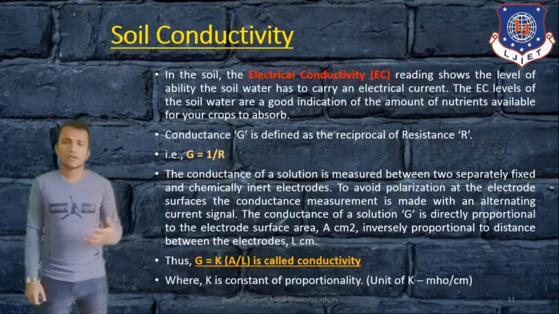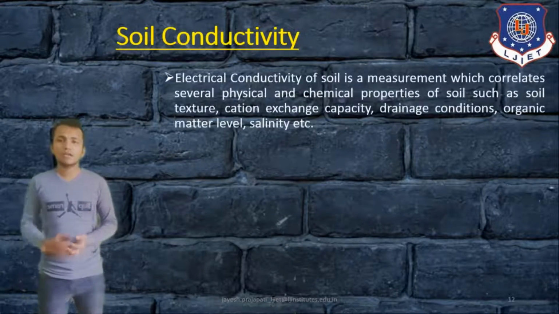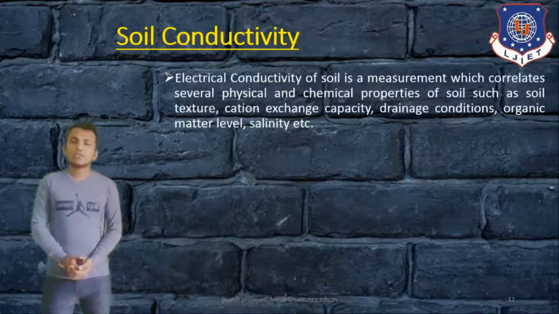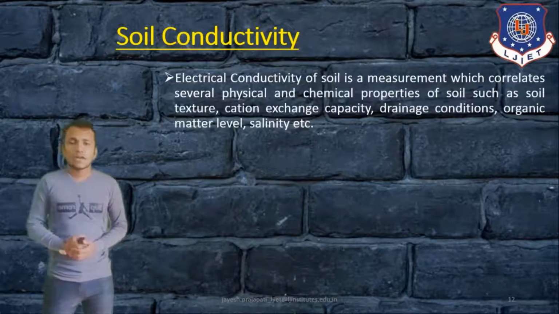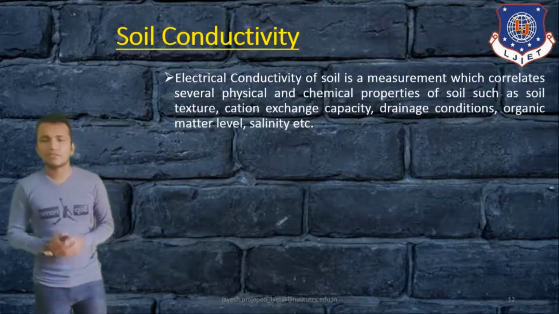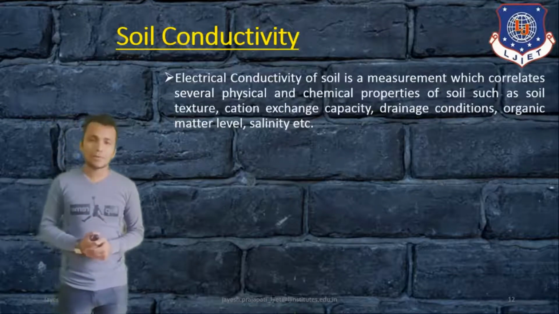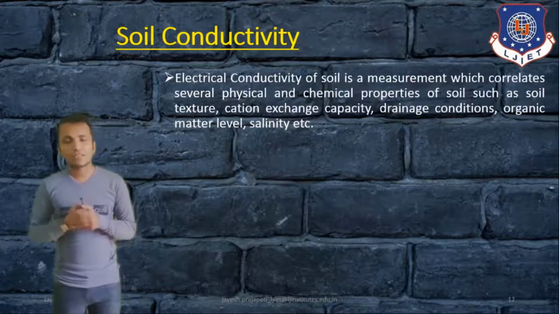Then we can say how it can be measured. The electrical conductivity of soil is a measurement which reflects several physical and chemical properties of soil, such as texture, cation exchange capacity, drainage conductivity, organic matter level, and salinity.